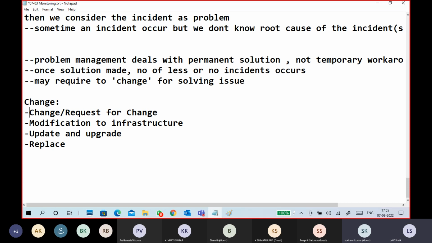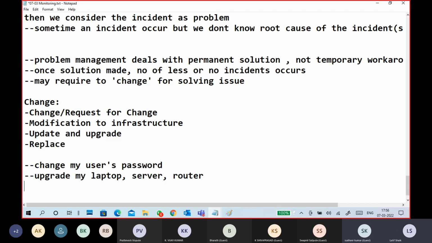A change or a request for change will occur. For example, if I want to change a user's password, that also comes under change. Upgrade my laptop, or a server, or a router.